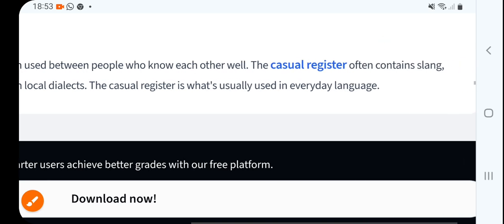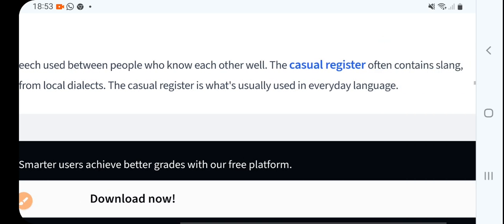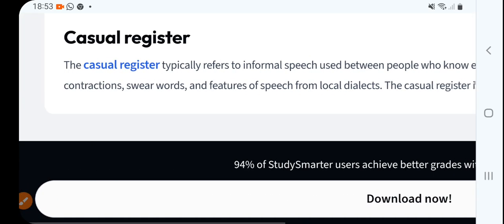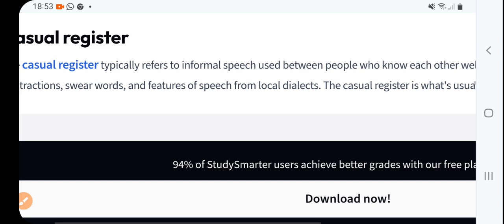The casual register often contains slang. Why? Because two friends are talking, right? Then contractions, swear words, then features of speech from local dialects.